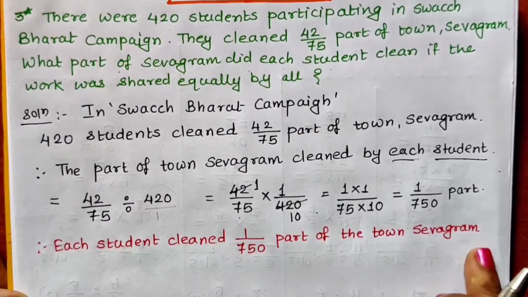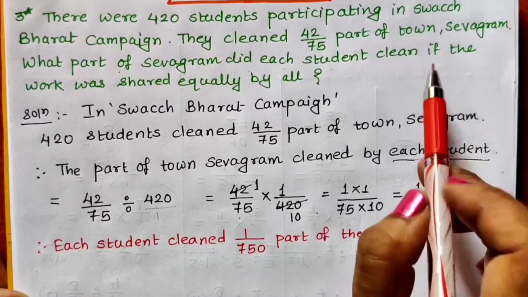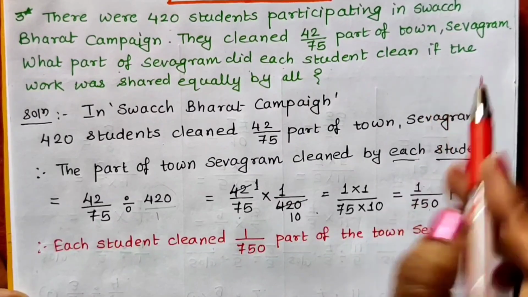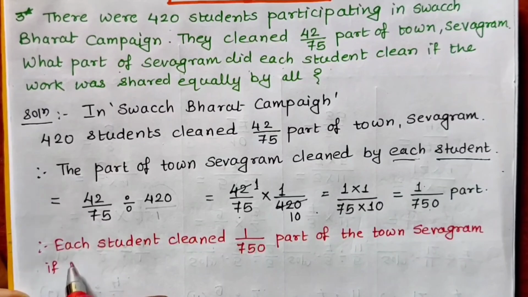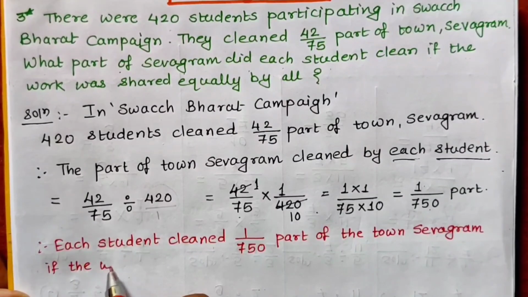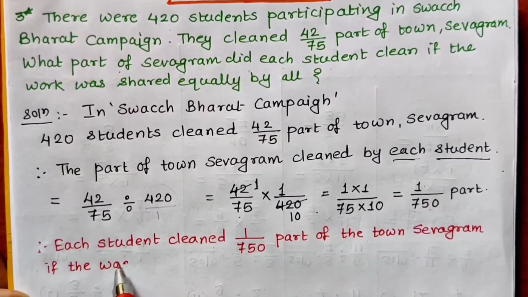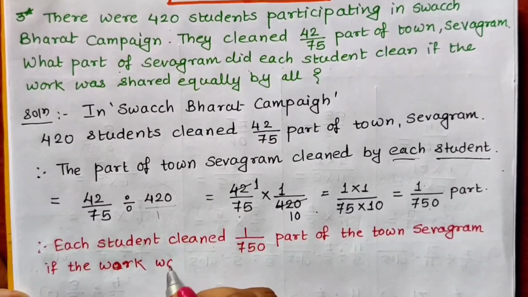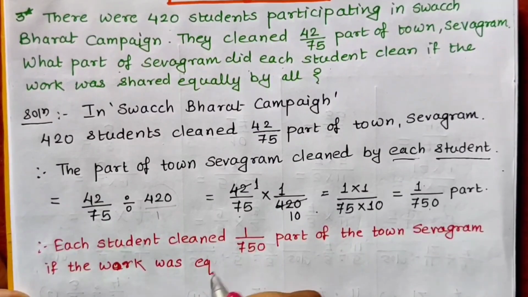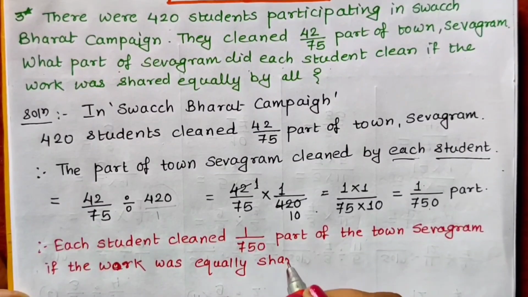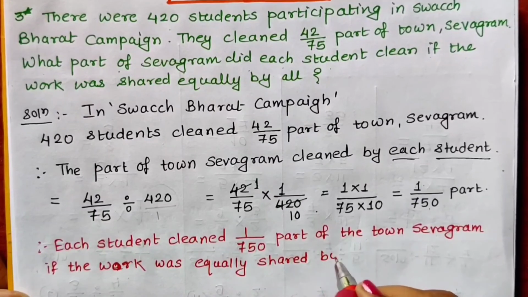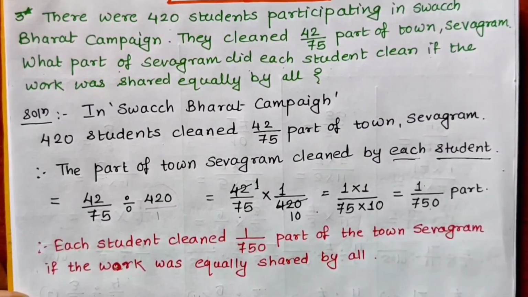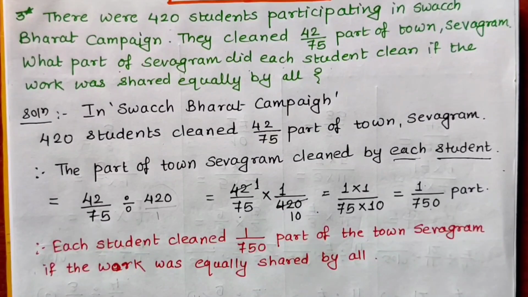You can write the answer till this, or if you want, you can extend with this sentence. If the work was equally shared by all. In this way, you can find answer and write the answer statement also.